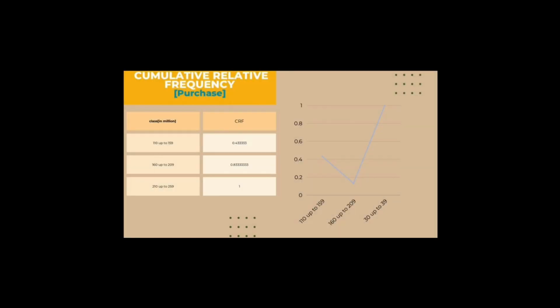For the number of purchase, CRF for 110 up to 159 we have 0.4333, and when 160 up to 209 we have 0.8333, and when 210 up to 259 we have 1 cumulative relative frequency. And we must know that when we work out relative frequency and cumulative relative frequency, for the last answer we must get 1, because when we sum all the relative frequencies we must get 1.